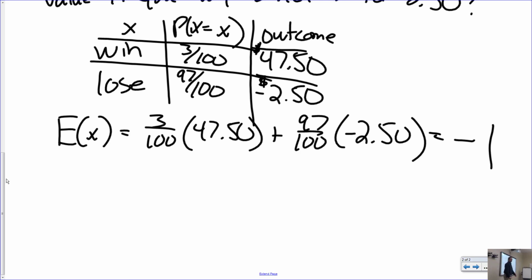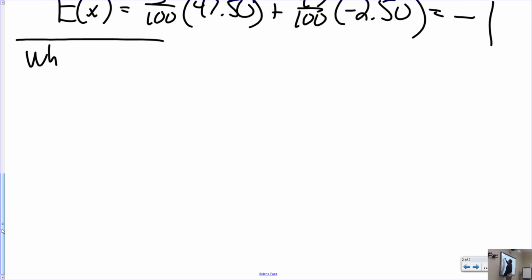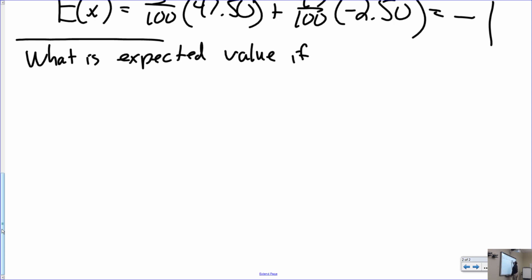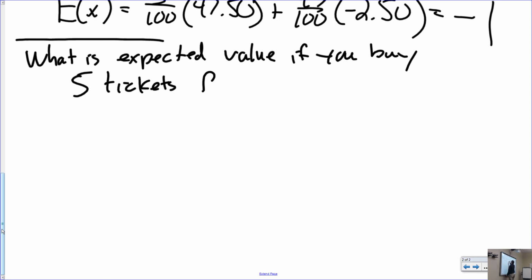How about the last one? What happens if you can buy 5 tickets for $4? Now that you've sort of seen the pattern, what are we going to do?